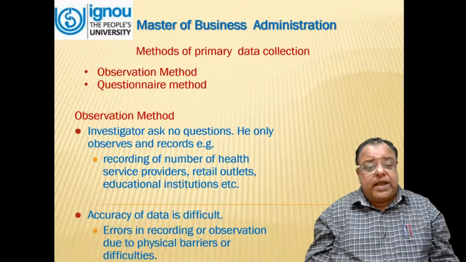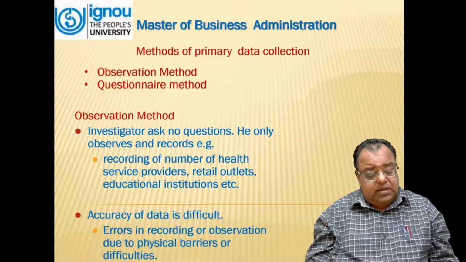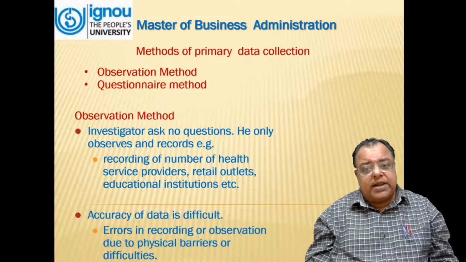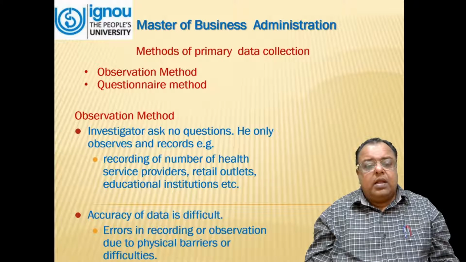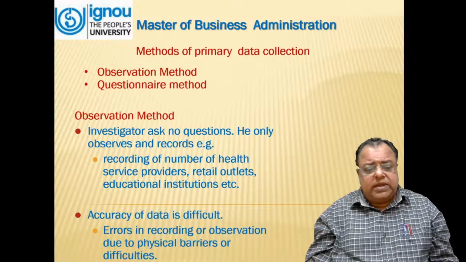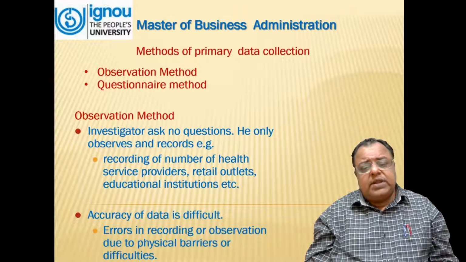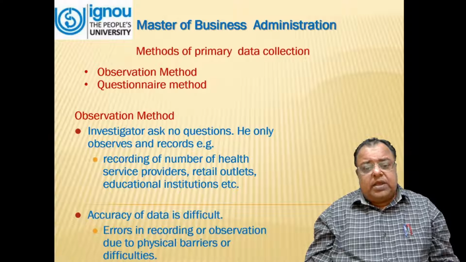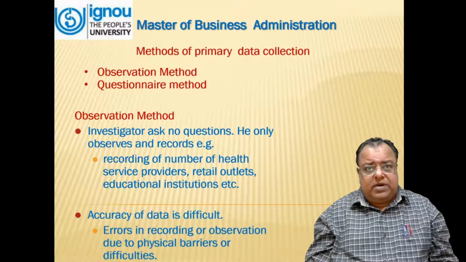What are the different types of methods for data collection? First one is the observation method, and the second one is the questionnaire method. In the observation method, the investigator does not ask any questions. He only observes and records.